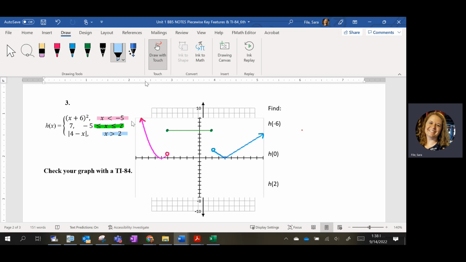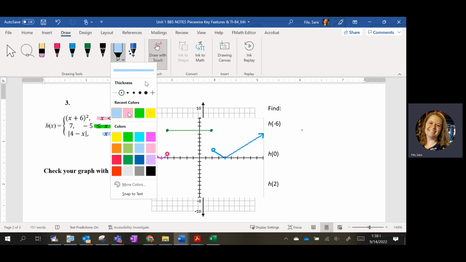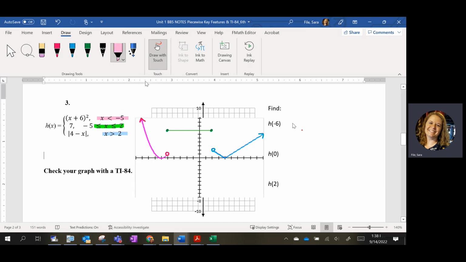There are 3 domains here, the pink, green, and the blue. Which domain does -6 fall into? The pink. Yes, -6 is less than -5. So that gets plugged into that equation and that equation only. We don't need the rest of it for this problem.